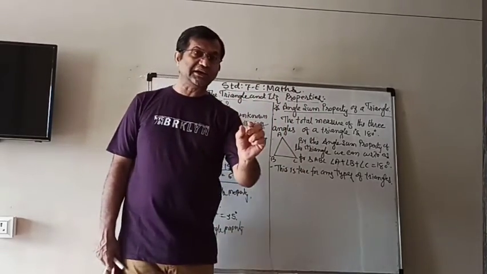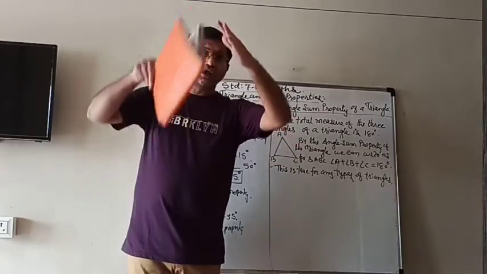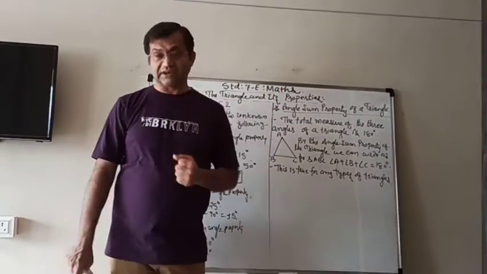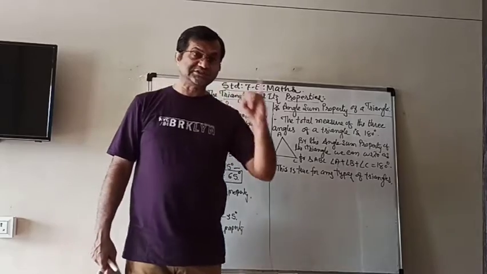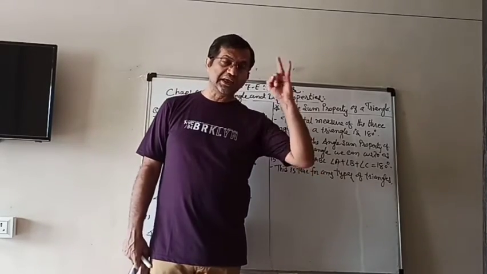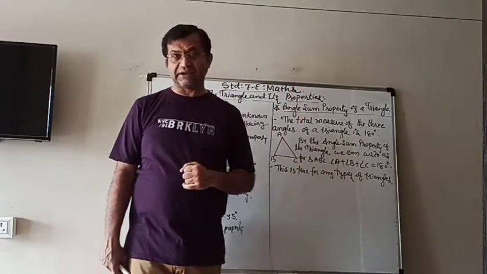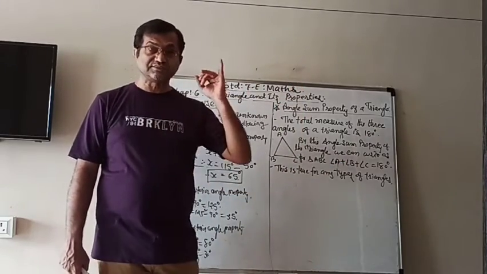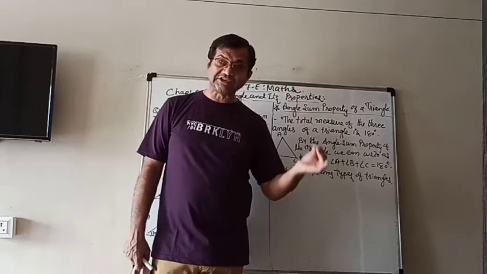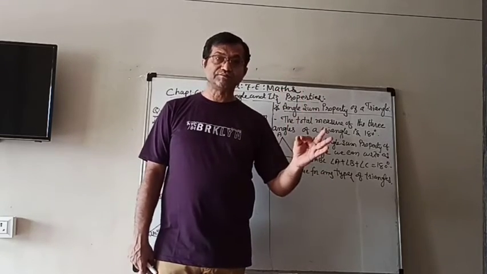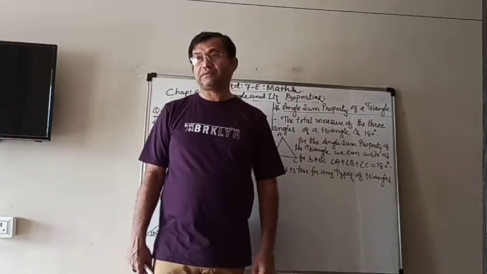Is it a small triangle, big triangle, or a very big triangle? Doesn't matter, whether it is an obtuse angled triangle, acute angled triangle, or a right angled triangle. Doesn't matter, whether it is equilateral, isosceles, or scalene.